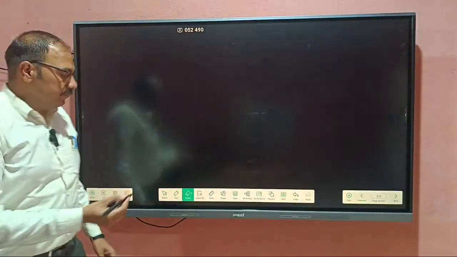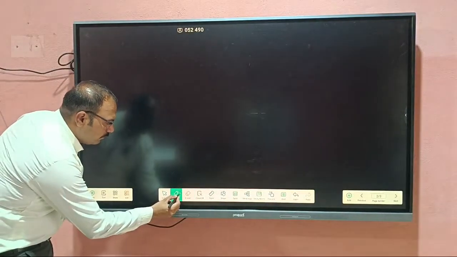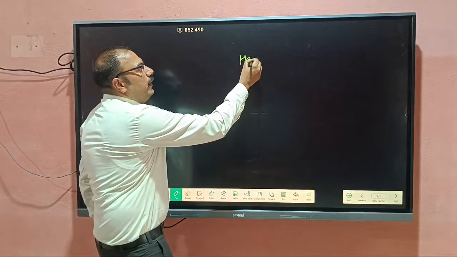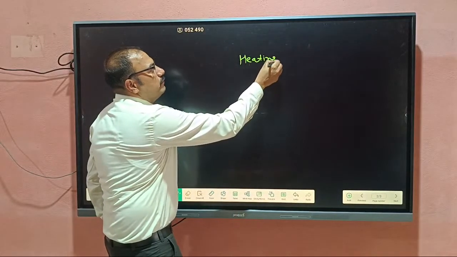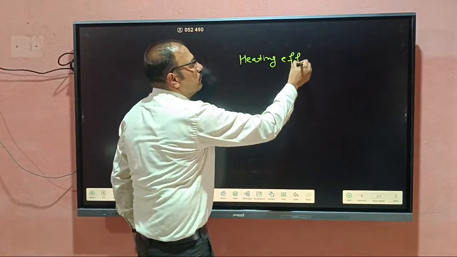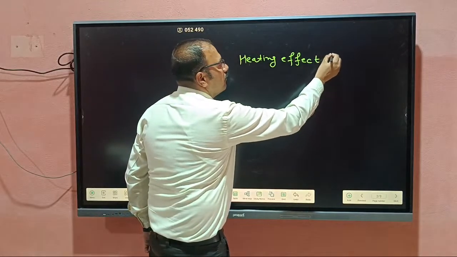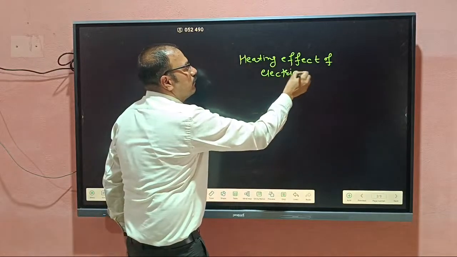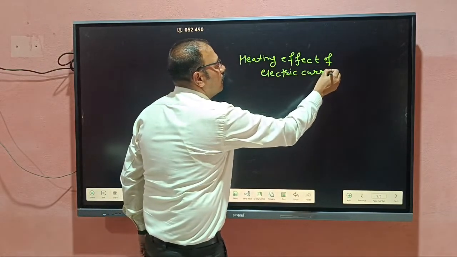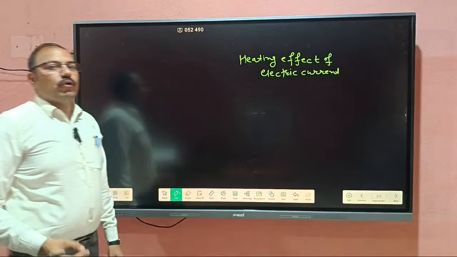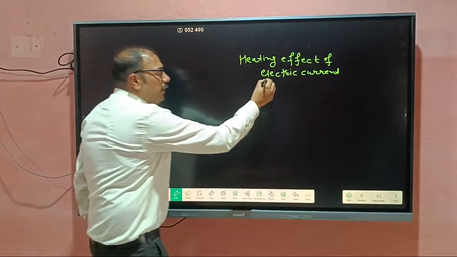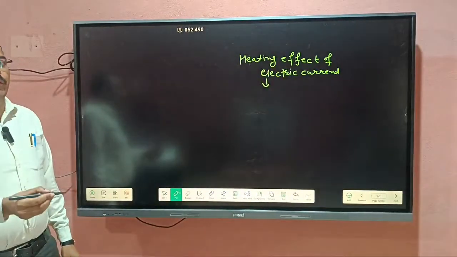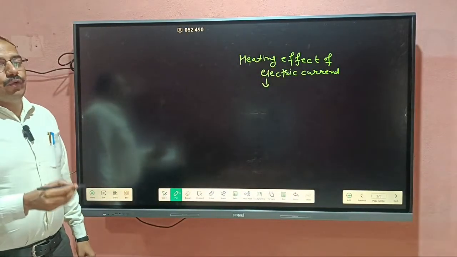In the previous slide, we read about the heating effect. Heating effect of an electric current: we already explained that when we pass electric current into a wire, the wire produces heat.